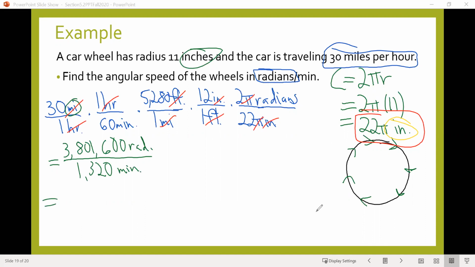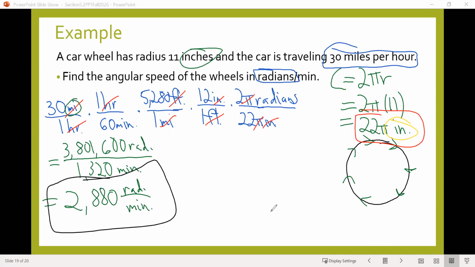And then dividing those two numbers, we end up with 2,880 radians per minute. Okay, so when this wheel is spinning at 30 miles per hour, it's going through 2,880 radians per minute, which sounds like a lot of circles to be spinning through every minute.